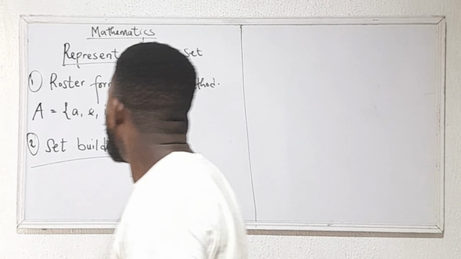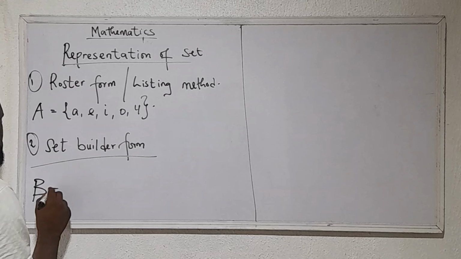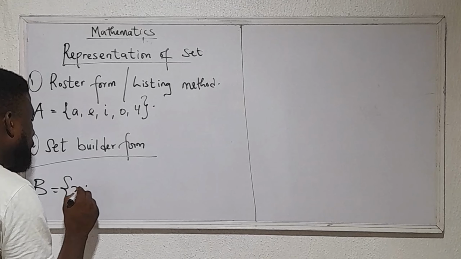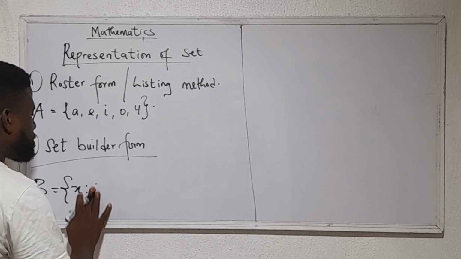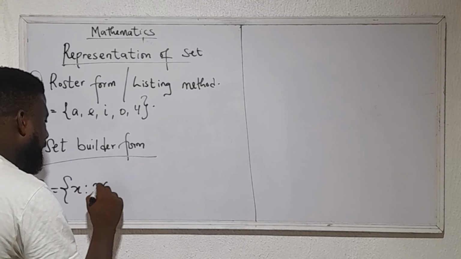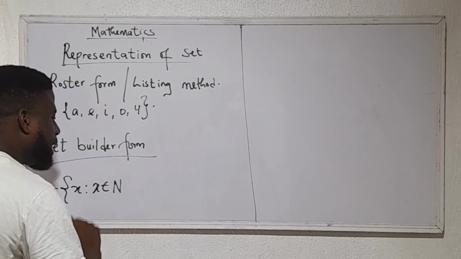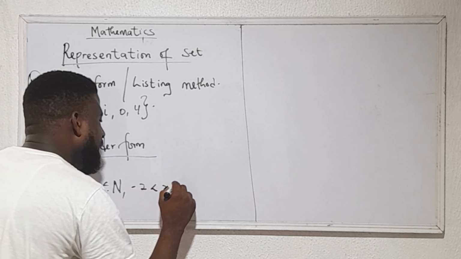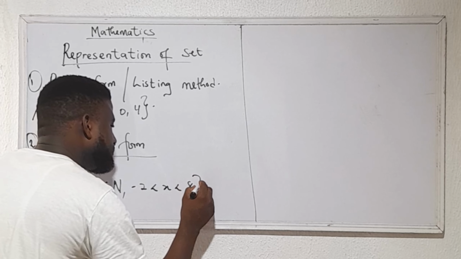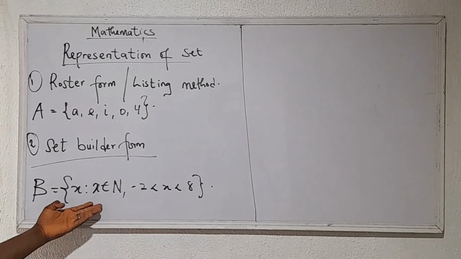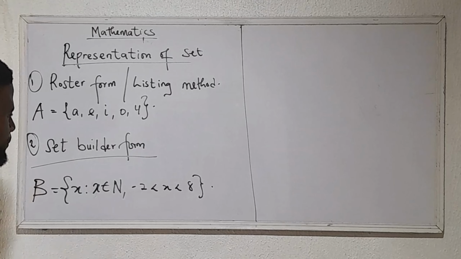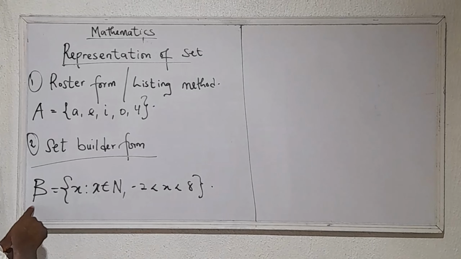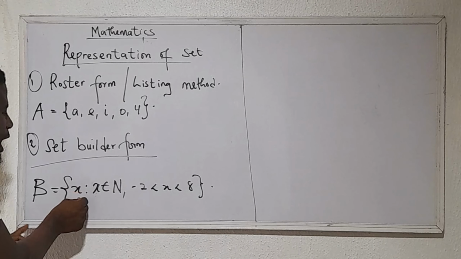For example, we say the set B is equal to the set of x such that x is an element of the set of natural numbers, and then we say -2 < x < 8, right? Now, if you look at these properties given to the set B, B is equal to the set of all x.